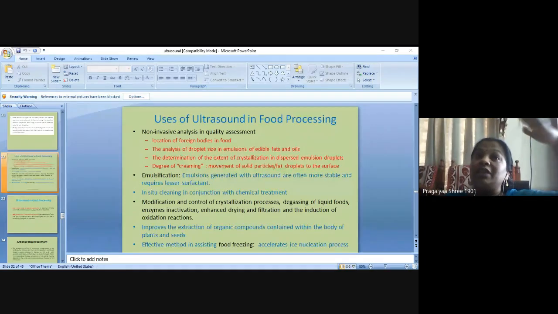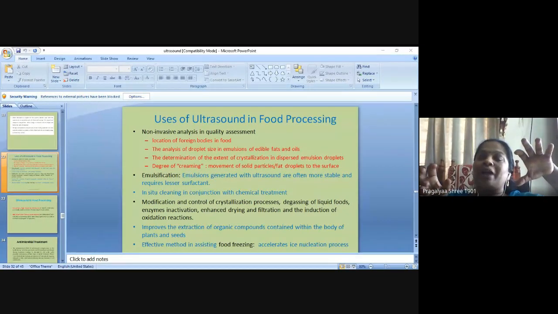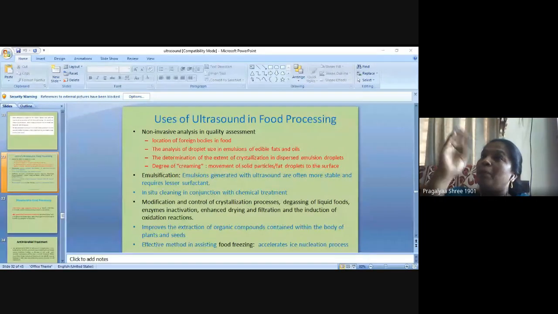There is an increase in vapor pressure and a decrease in the liquid surface tension, which reduces the cavitation effect. When you are increasing the temperature of the process, what happens? Actually, there is already a temperature effect in the ultrasound. Further, when you are increasing the temperature, the vapor pressure increases inside the cavity, and as a result the surface tension of the liquid medium which you are going to treat will reduce the cavitation effect. Okay, so that is the main thing. So the cavitation effect will be reduced when you combine the thermal treatment with the ultrasound.